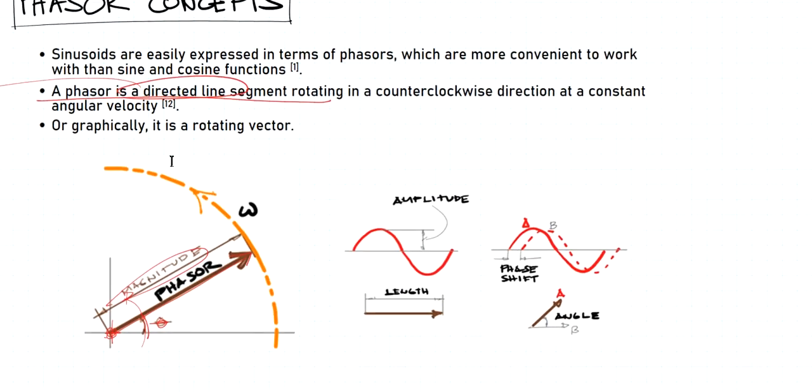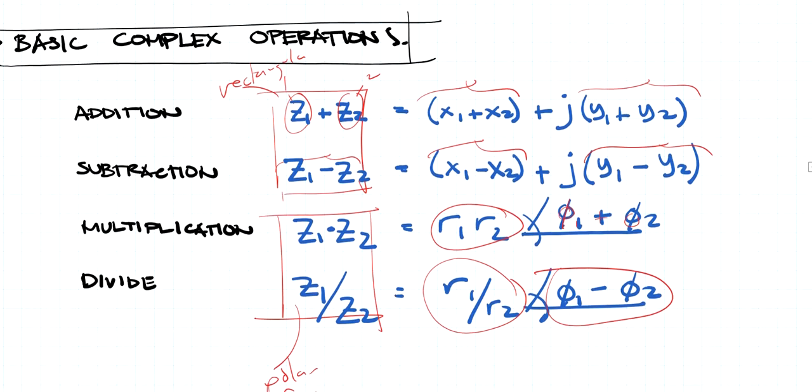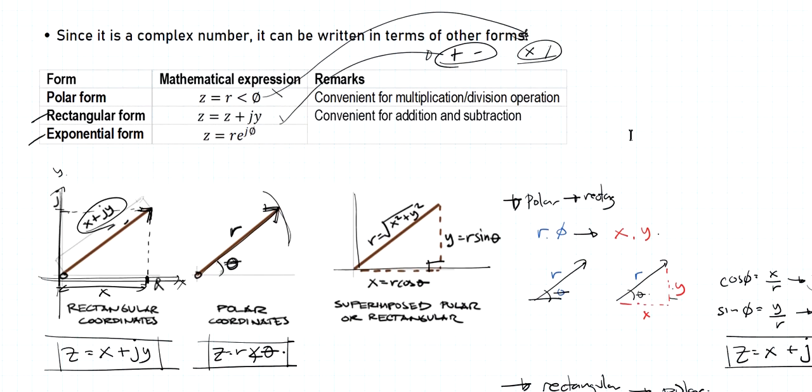So instead of doing the computations in terms of sines and cosines, we convert this into something like a rotating vector. That's what we call a phasor. And the phasor is mathematically expressed as a complex number. That is why we studied the conversion of polar form to rectangular form or vice versa.